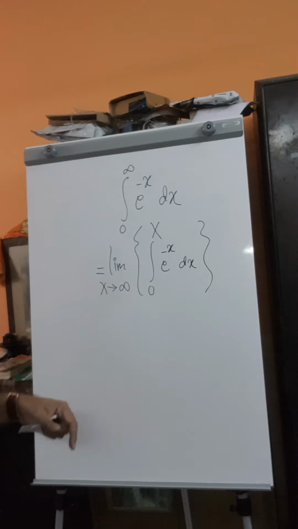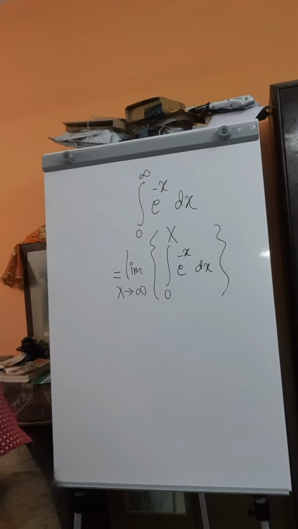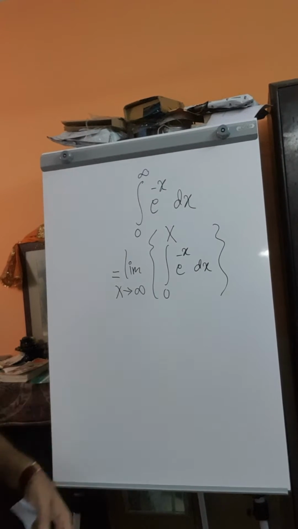I shall give the link in the description section. Now here this becomes a proper definite integral, because X is an arbitrary real number. So we are first taking the range of integration to be 0 to X, and then gradually we shall tend X towards infinity. If this limit exists, then only we say that the improper integral does exist.